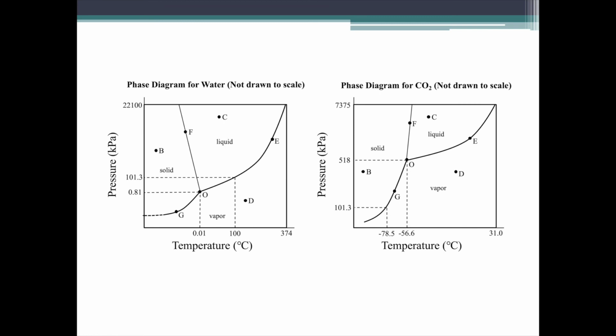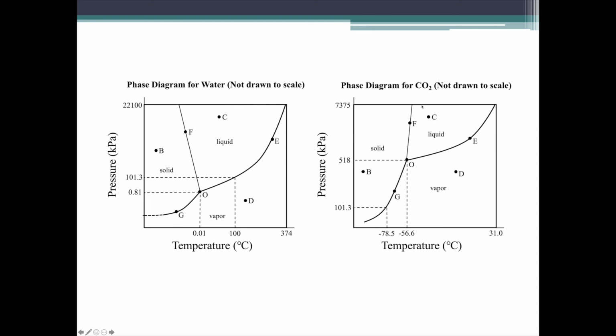Now, we've actually seen this in class with dry ice. We've seen dry ice subliming at standard pressure at sea level, and it was very, very cold. We couldn't touch it. That's because that temperature was very, very low. The other notable difference here, and this is special for water, water actually has a backwards solid liquid line with a negative slope.